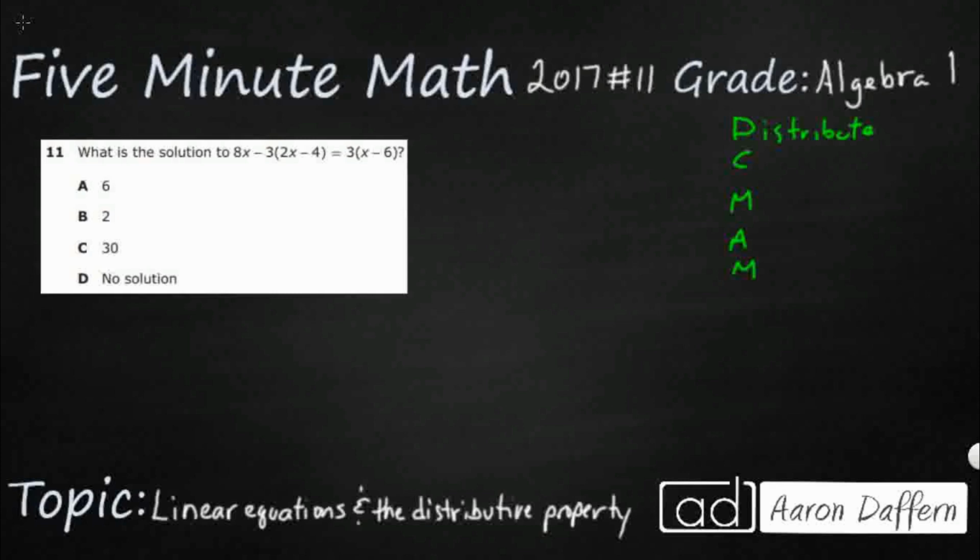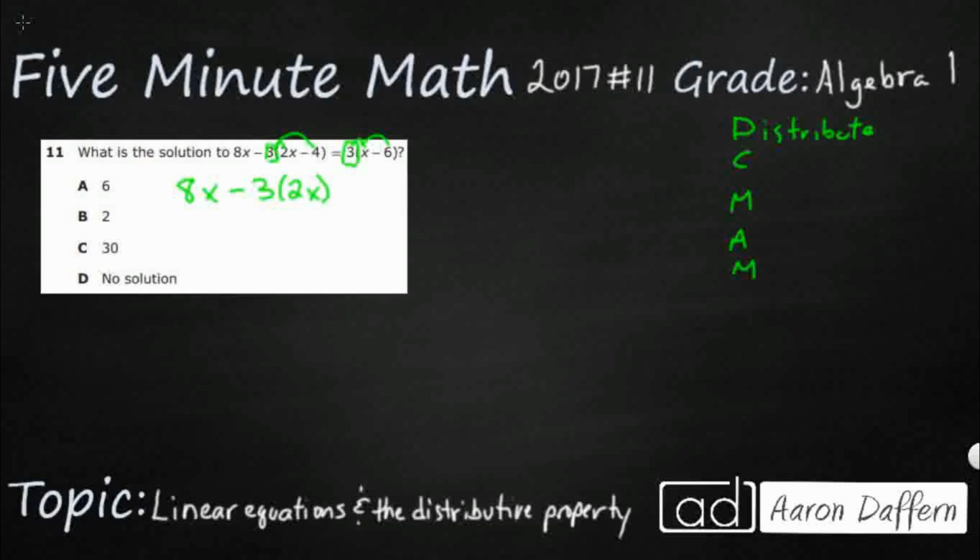So I see this 3 right here. It needs to be distributed to the 2x and the negative 4. Then I see a 3 right here that needs to be distributed to the x and the negative 6. So we're going to rewrite it here. And that 8x is just out there. It's not really doing much of anything. So minus 3, so I need to distribute it to the 2x.